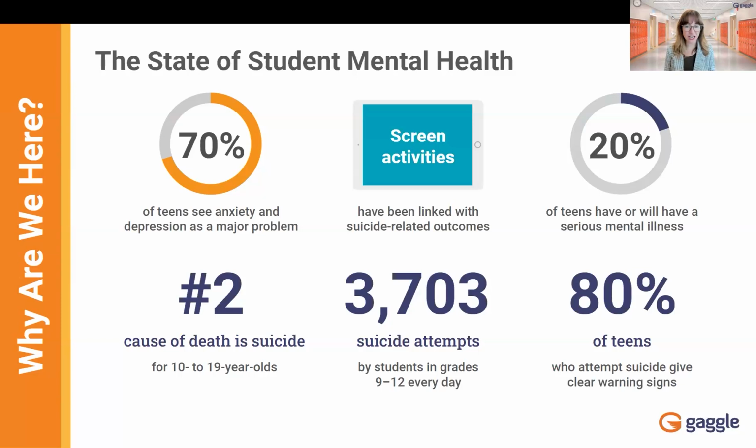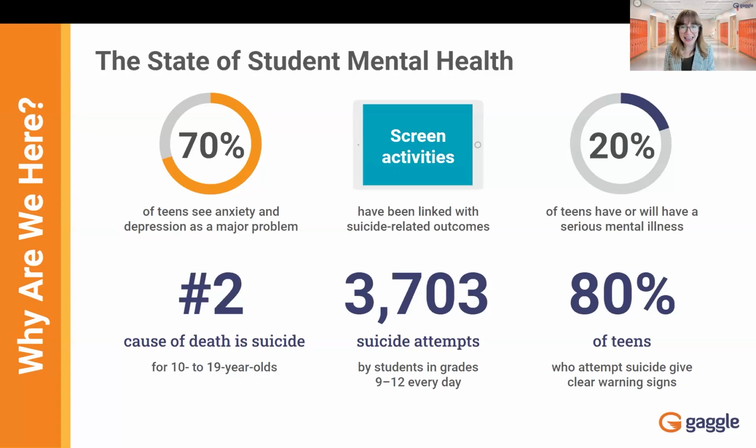To truly understand how our students are faring, we want to look past any superficial metrics to more telling data so that we can find out how our students are doing. Here are some staggering statistics. As you can see from the screen, 70% of teens report significant anxiety and depression. Suicide is the leading cause of death amongst 10 to 19-year-olds, with 3,703 suicide attempts noted annually in just high school grades alone. 20% of teens are predicted to experience a serious mental illness.